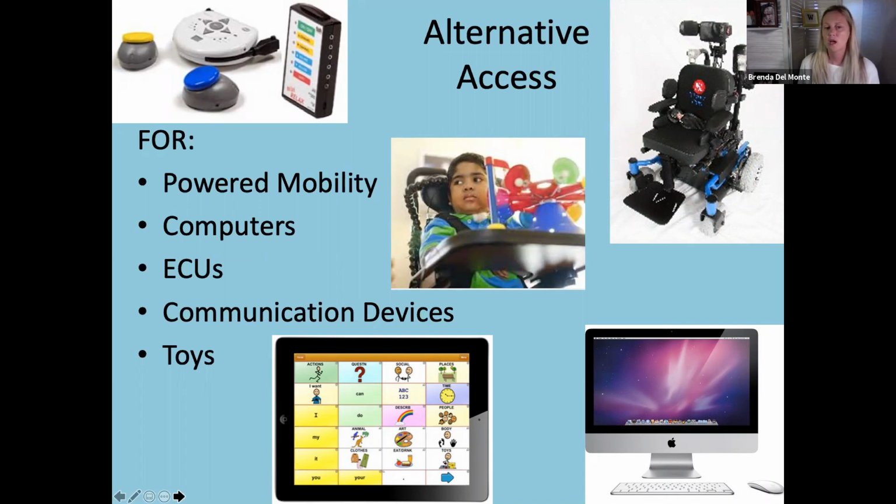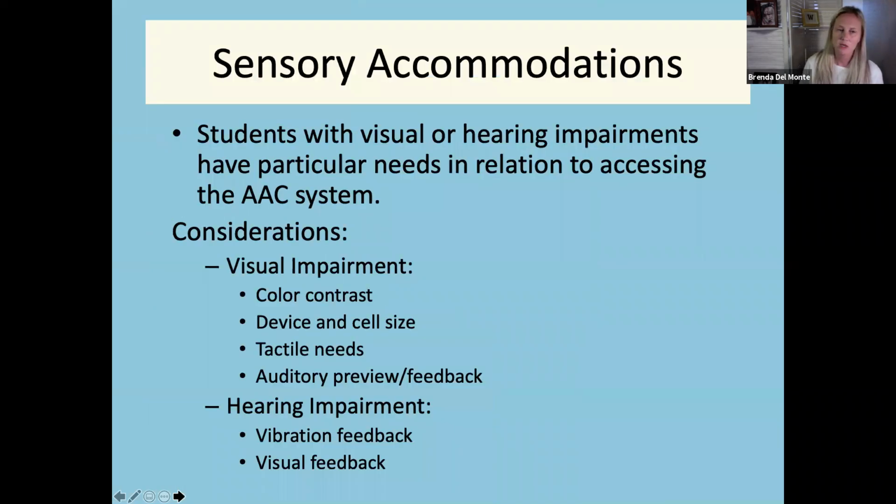But you're going to use that level of alertness to activate switches for mobility, for computers, for environmental controls, for your communication devices, and for your toys, so that they start to realize all the ways that they can access their life, all the ways that they can have control if they only have control of their bodies. And you don't have to say it all, because they feel it and they experience it and they learn it that way. So we're going to continue to make those sensory accommodations for our AAC.